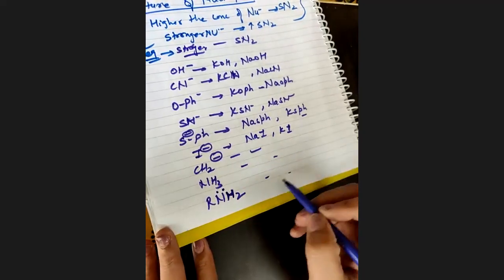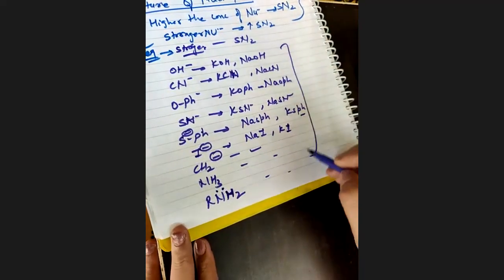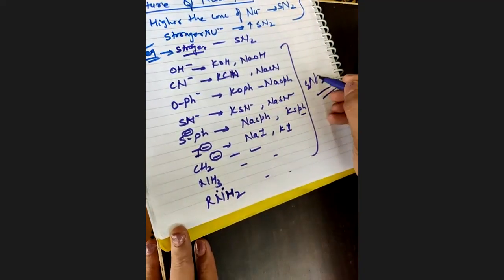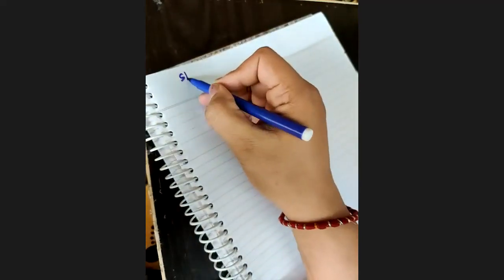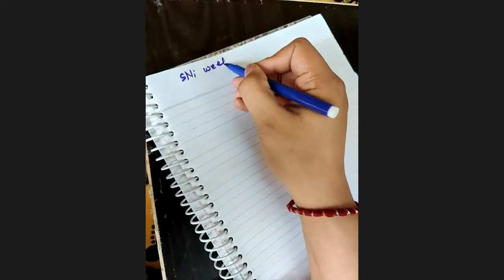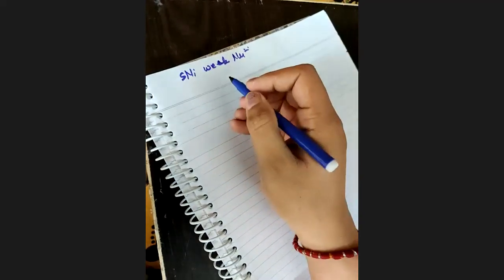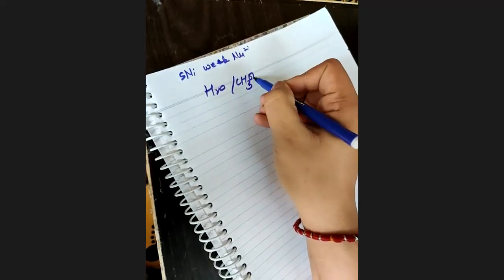These are considered to be strong nucleophiles for SN2. Noted? And for SN1, weak nucleophiles are H2O, CH3OH.